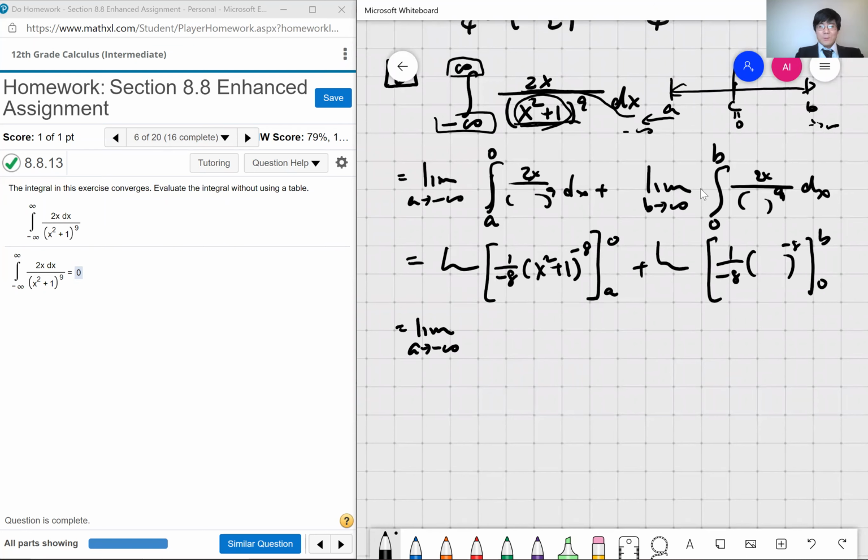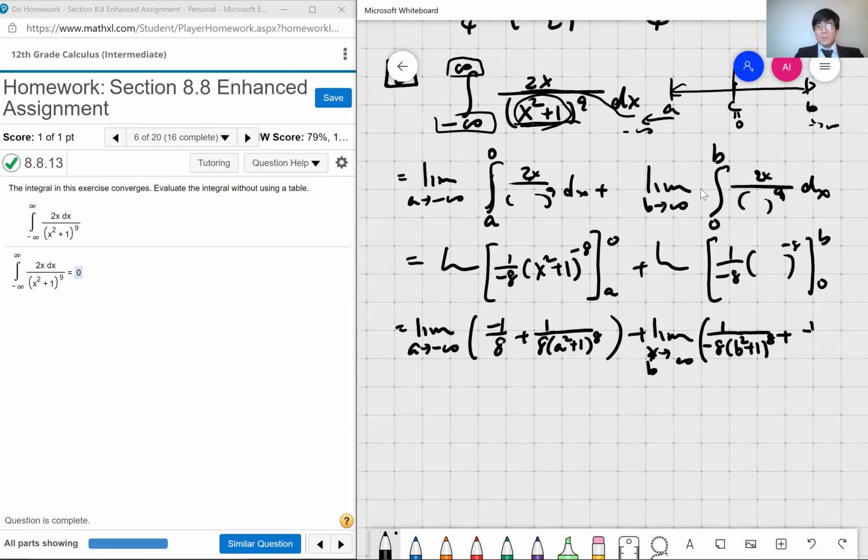So plug in 0, it's going to be 1. So it's going to be negative 1 over 8 plus 1 over 8 times (a squared plus 1) to the power of 8 here. I'm doing the same thing here. It's going to be negative 1 over 8 times (b squared plus 1) to the power of 8, plus 1 over 8.